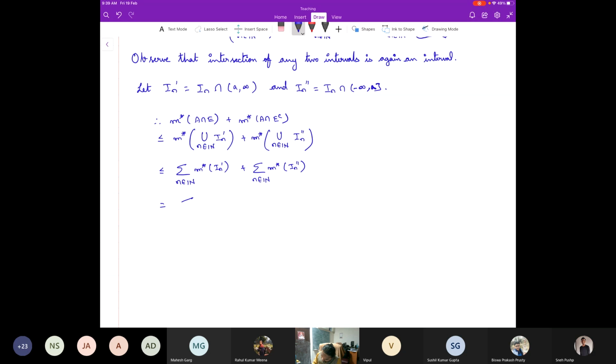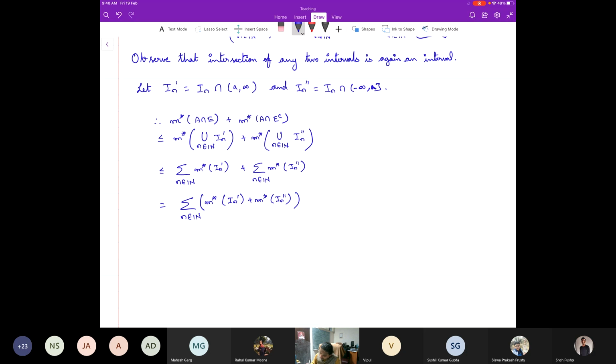Therefore, this is the same as the summation over n in N of the length of I_n dash plus the length of I_n double dash.